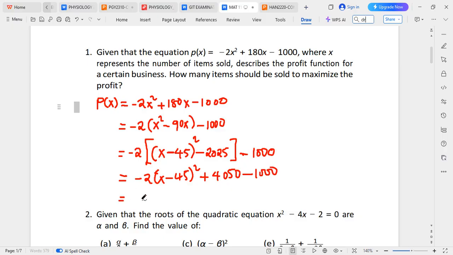So this is going to give us negative 2 times x minus 45 squared plus 4050 minus 1000, that is going to be 3050. So having done this, you can now sketch your graph.